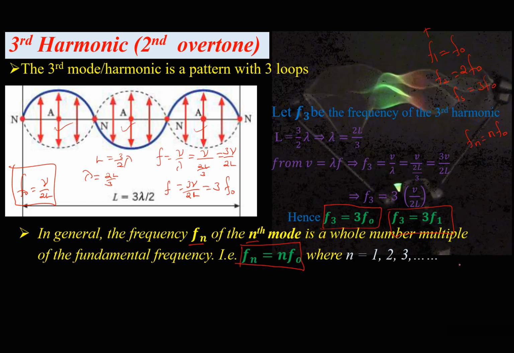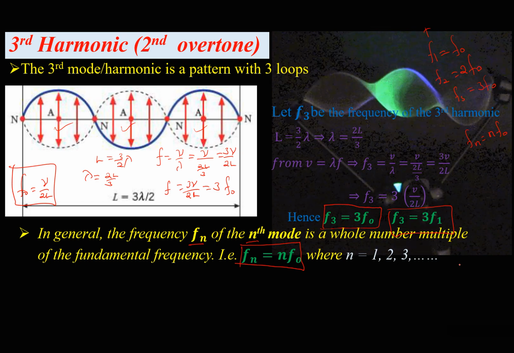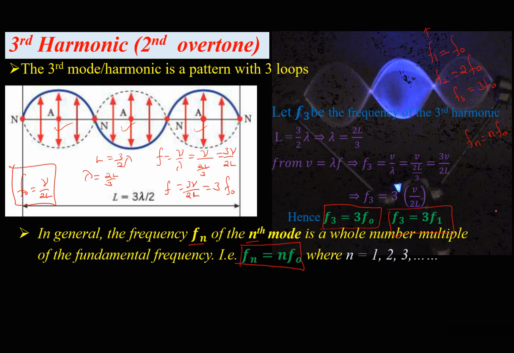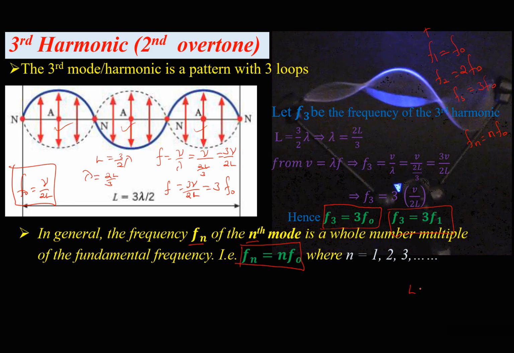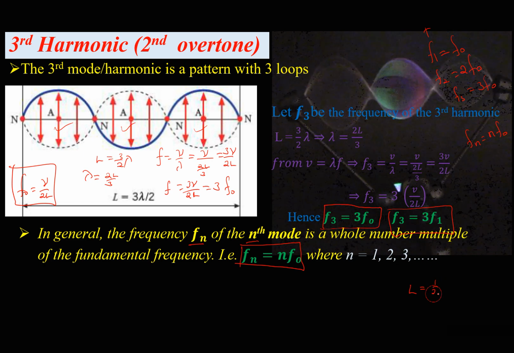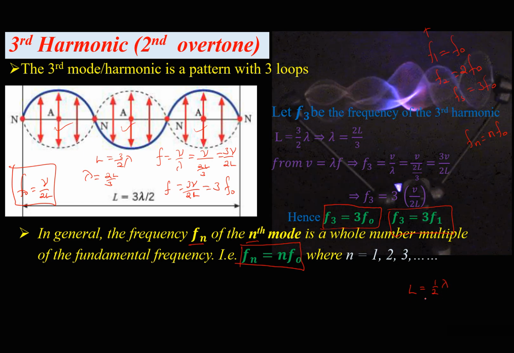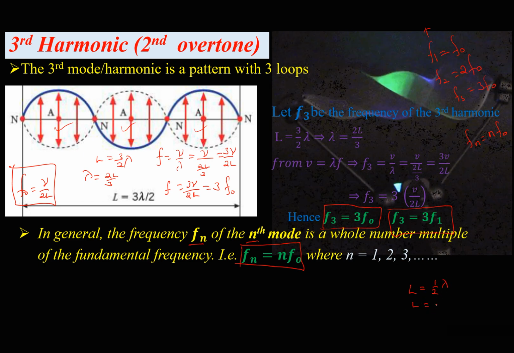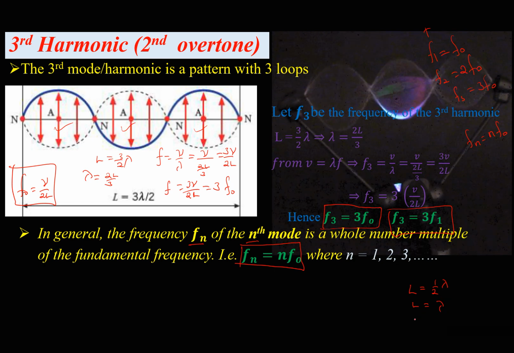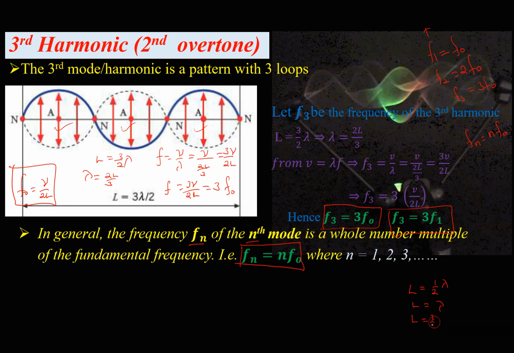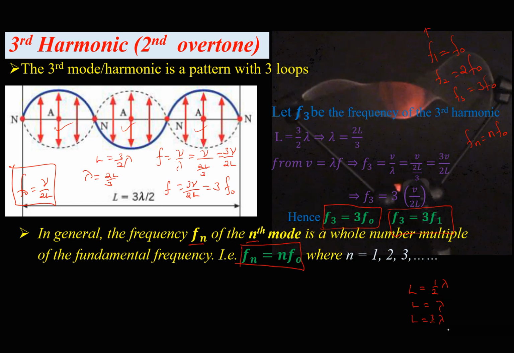And then also, look at the lengths. In the first one, we saw that L was equal to a half of wavelength. Then we saw the second one, L was equal to wavelength. The third one, we have seen that L is equal to 3/2 of wavelength.